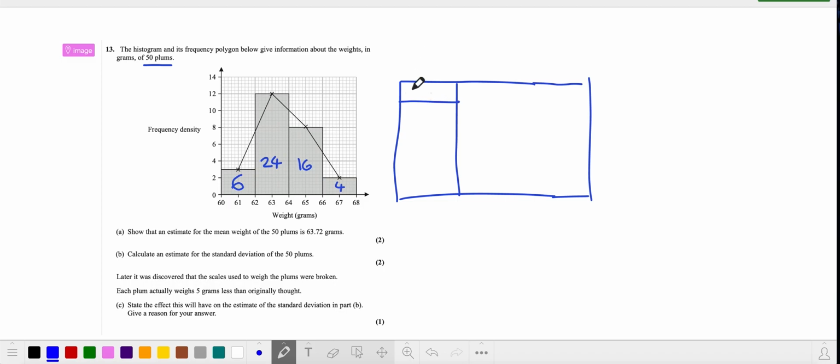So what are we having? Weight. I'll make the pen a bit thinner for this bit. So the weight, 60 is less than or equal to x is less than 62.